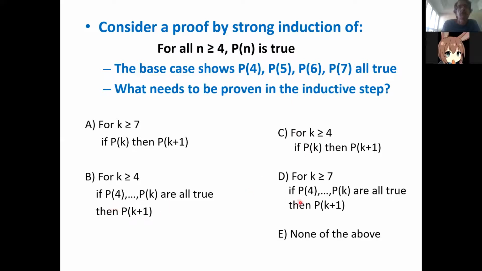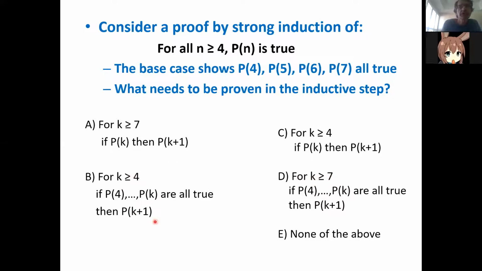So let's look at these two, right? This is the one that you need, this is the potentially easiest. In other words, you assume more and you're only proving it for k starting from 7.